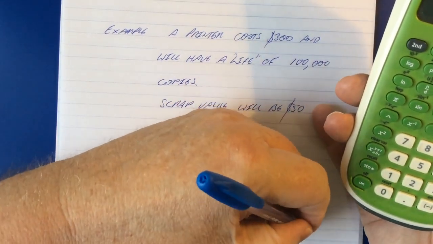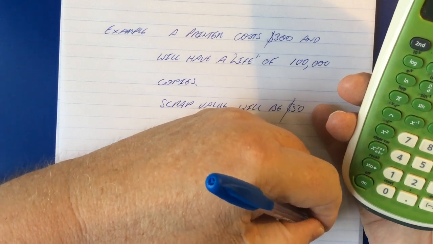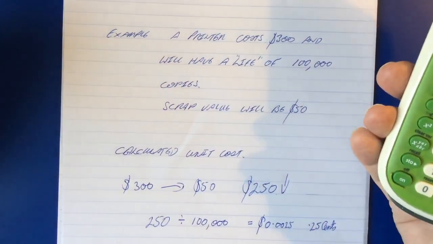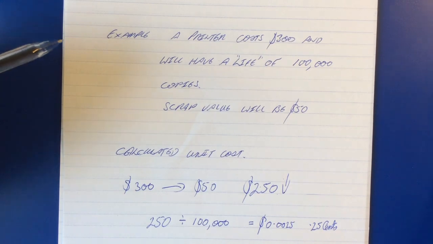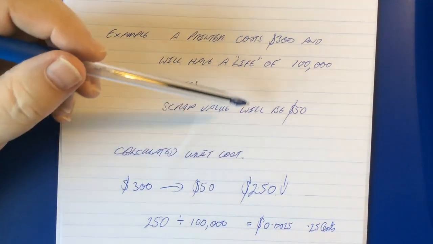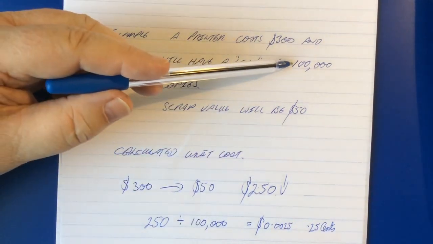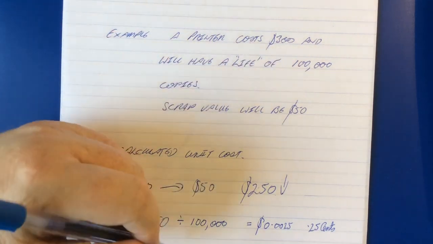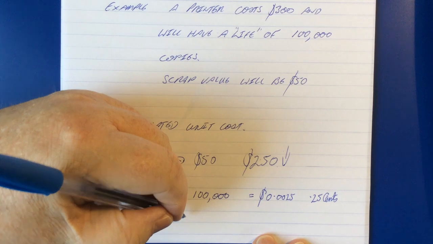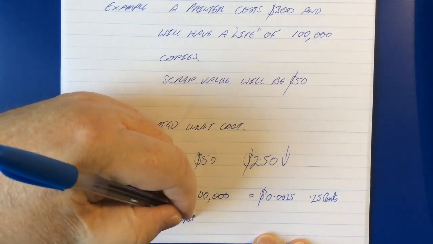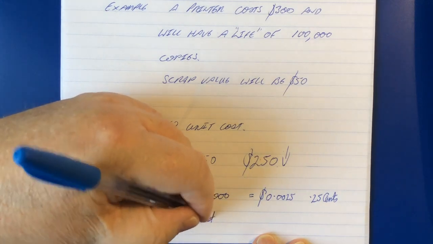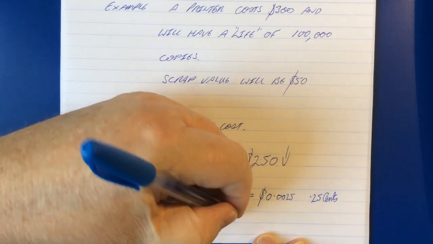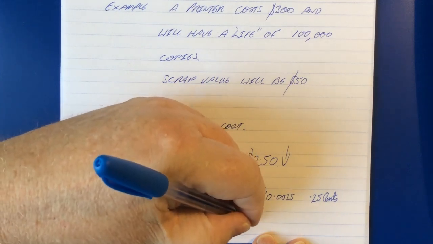So 0.25 cents, very small amount of money, that we charge as depreciation for each unit of production. So what we have found is we've actually found the unit cost. The unit cost is 0.25 cents.